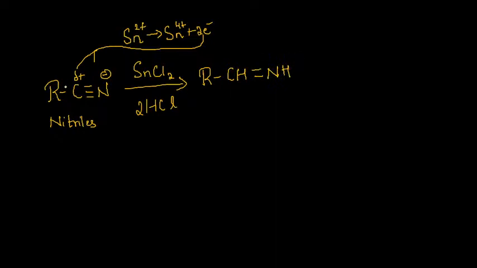When one pi bond is broken, two hydrogens are added, one to the carbon and one to the nitrogen. How did I add this hydrogen? Through HCl. The two molecules of HCl give the hydrogen, and you get an intermediate called imine. What is this? This is an intermediate imine.